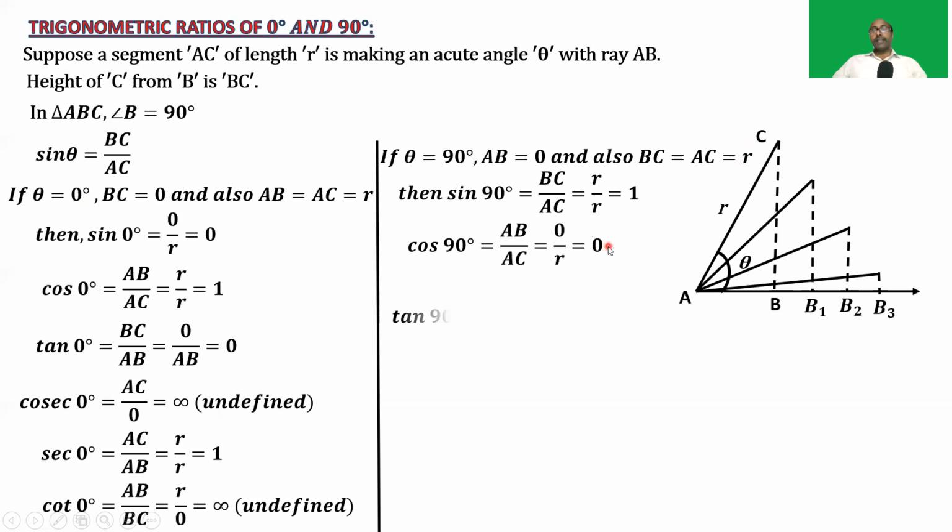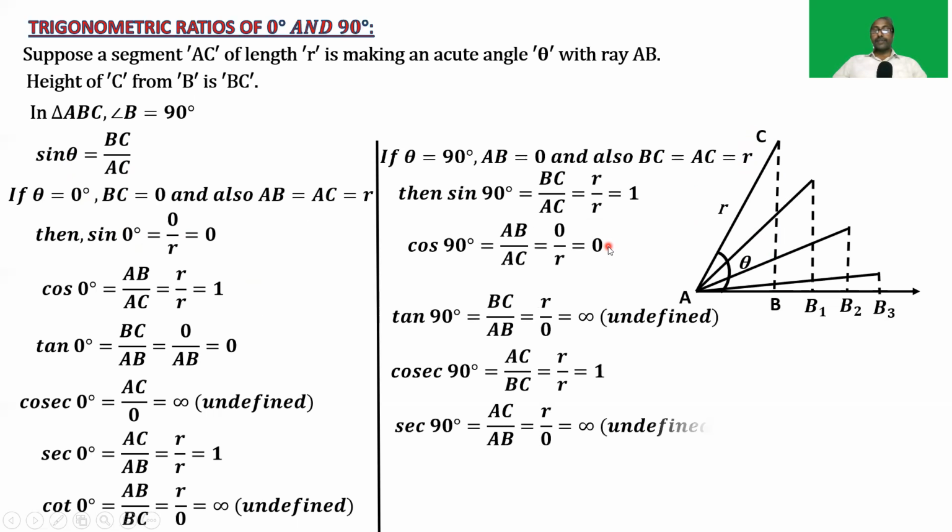And in this way, we can find all the trigonometric ratios. Cos 90 degrees is equal to 0. Tan 90 degrees is undefined. Cosec 90 degrees is equal to 1. Sec 90 degrees is undefined. And cot 90 degrees is equal to 0.